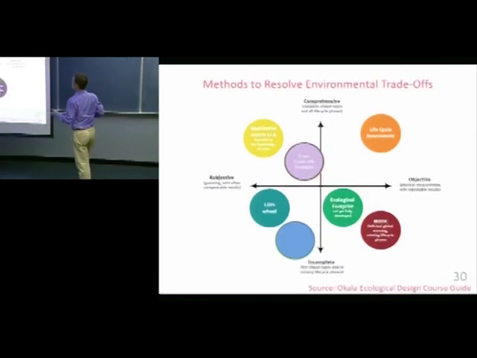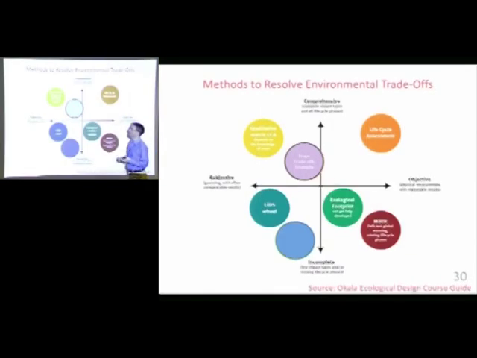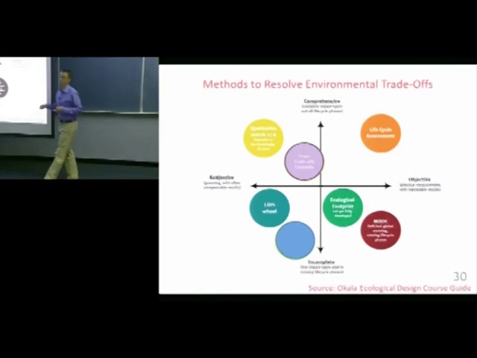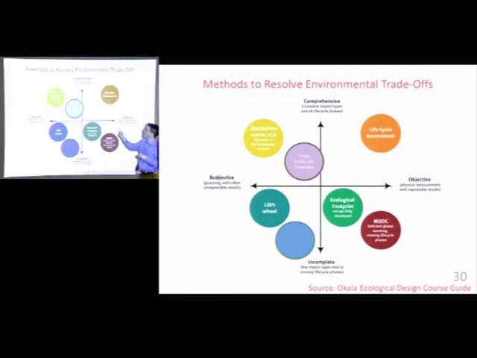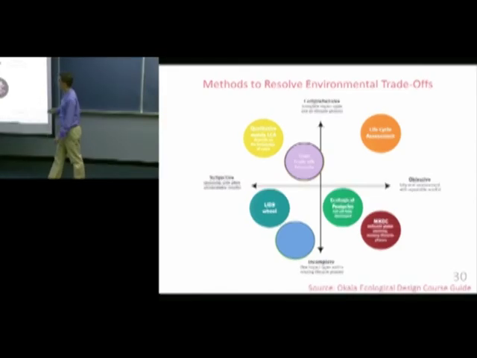Okay, so when we talk about resolving the environmental trade-offs now, life cycle assessment is our ideal. It's objective, it's comprehensive, but it's a pain in the neck and it's expensive. So we might try to do things that are more subjective that don't require the money. But obviously this question of peer review, resolving trade-offs, these are questions.